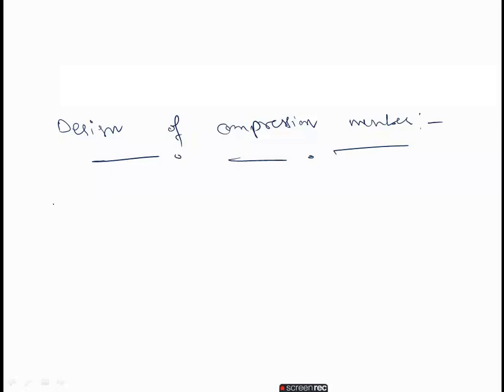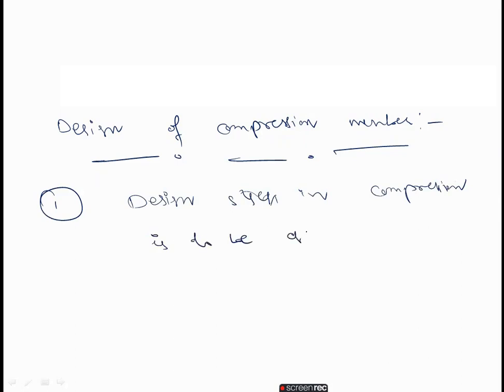The first step is, whenever we are going to design a compression member, we have to assume the design stress in compression. So first of all, you have to take the design stress value in compression.